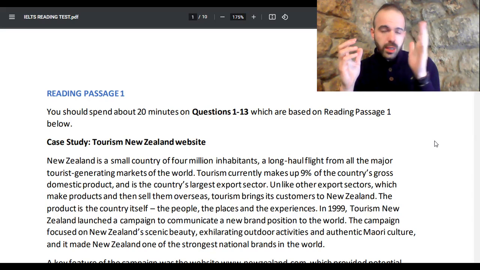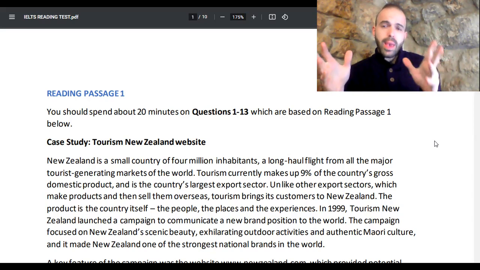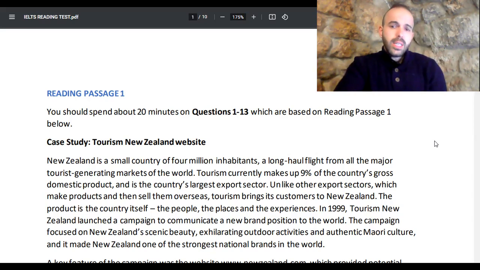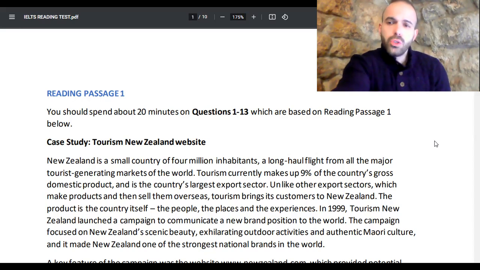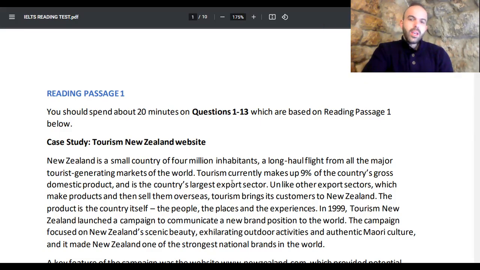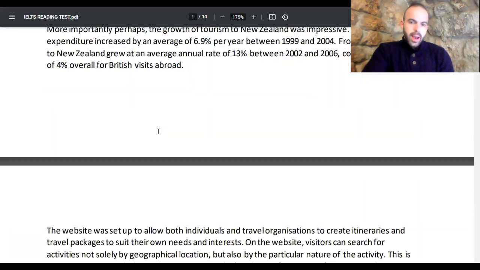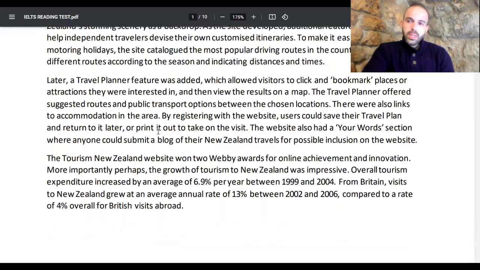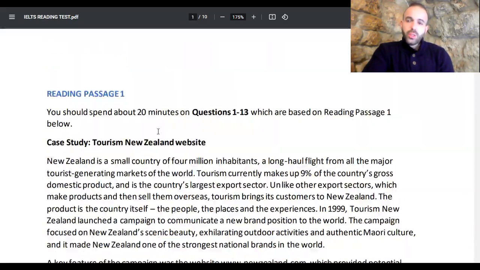So you all know that in the IELTS academic reading test, we have 3 passages, as you can see here on the screen. So we have reading passage 1, as you can see here. And as you can see, it's a long text, which is quite different from the general IELTS test, because in the general IELTS reading test, we have a short text, or it's much easier.